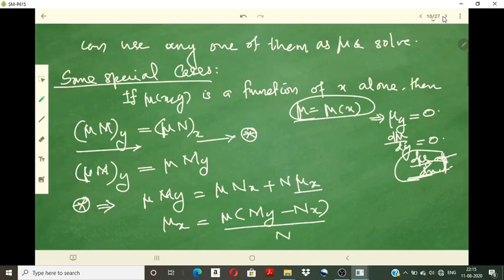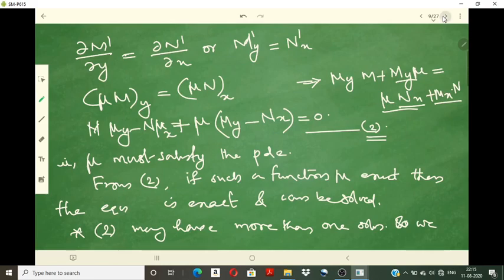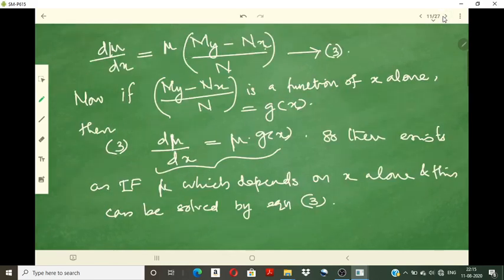Then the PDE, the equation number 2, may be reduced to this form: dμ/dx is equal to μ into that function, which can be solved very easily, since it is a first order linear differential equation which is also separable. So with any appropriate method we can solve it and find μ. Then again we can solve the given equation by the method of exact equations.